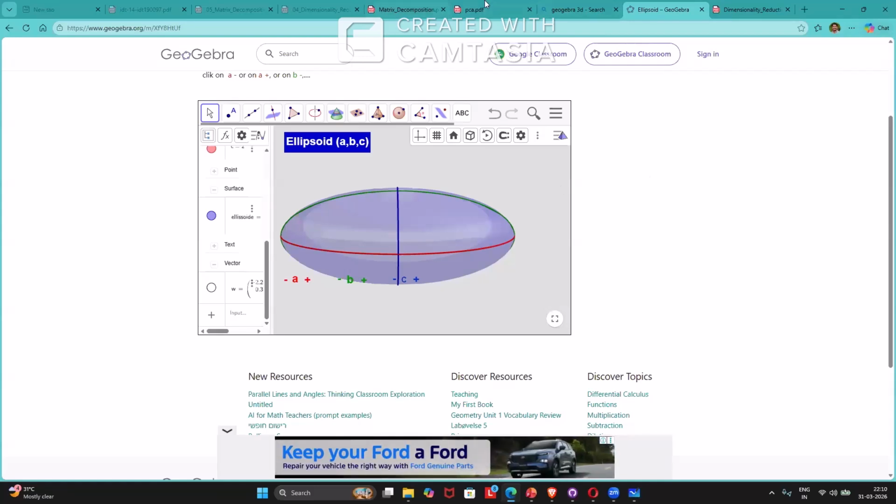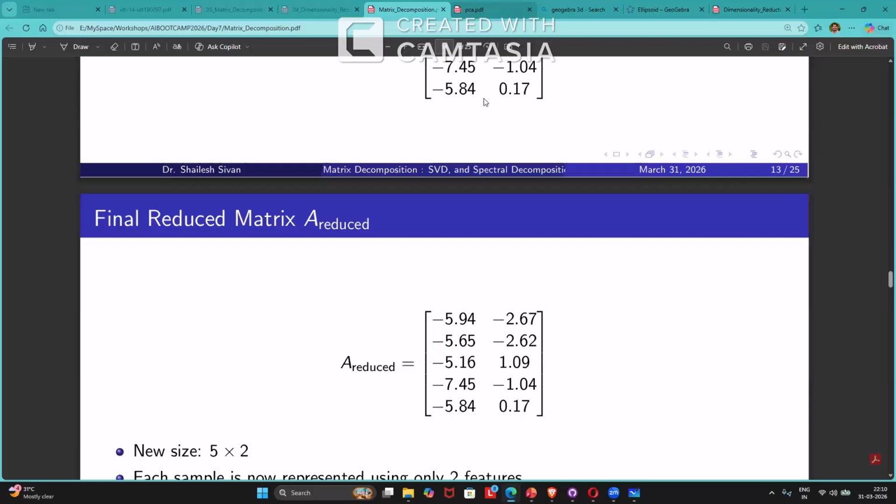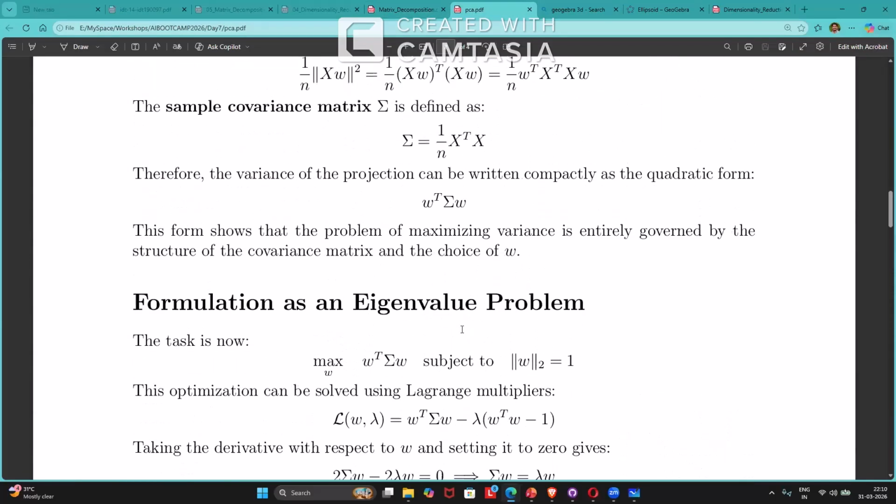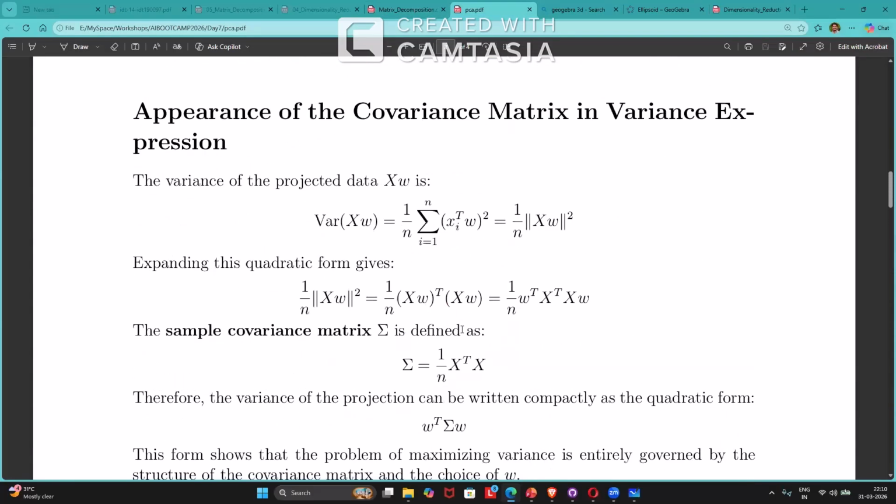And the derivation of this, I'm not trying to do it here because it will give you more confusion. If you are interested, just go through this. Then you will understand why this particular thing, the covariance, appears for finding out the spread.